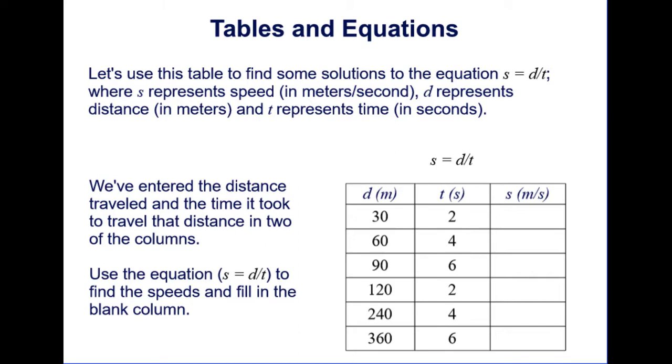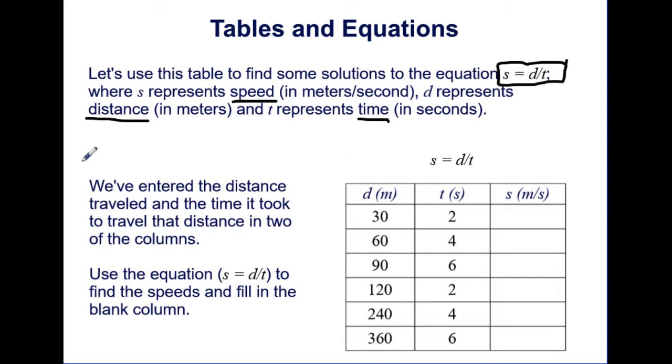So let's use this table to find some solutions to the equation s equals d over t, where s represents the speed in meters per second, d represents the distance in meters, and t represents time in seconds. So s equals d over t represents speed equals distance over time.